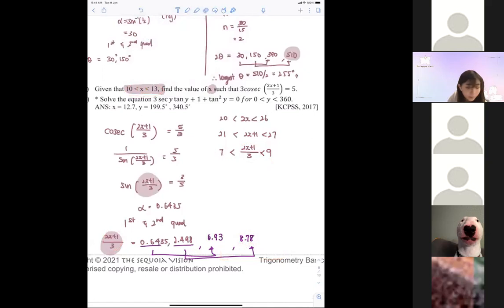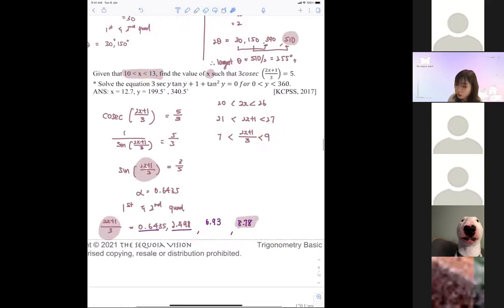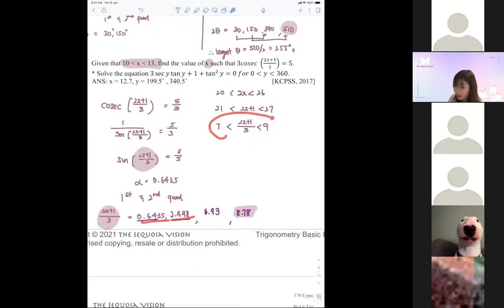The only value that you want to accept is this one. This is the only value between 7 to 9. The rest of the numbers, don't bother anymore. So don't just reject these two because it is out of the domain. Use your quadrant value to find all other values first, then you reject. So all this, reject.